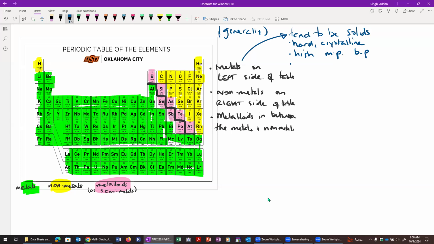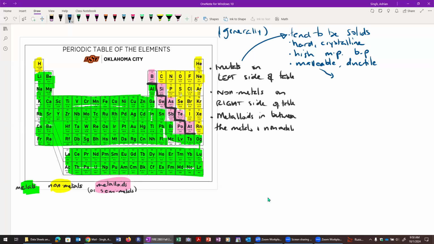Metals generally also tend to be malleable, that means they can easily be turned into sheets. Think about an aluminum foil sheet or a gold foil sheet or whatever metallic sheet you have. They can also be ductile, meaning that you can turn them into wires very easily.